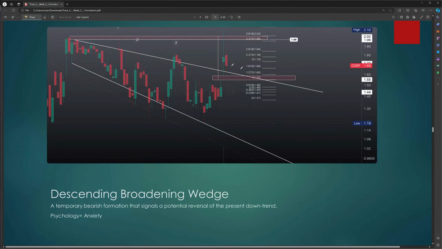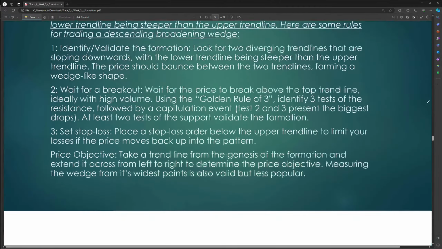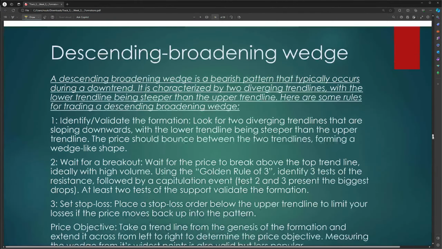This is one of the formations that have some of the highest hit rates that I've ever experienced. I think, honestly, a good 85 to 90% of the time will this formation realize, and they're usually found in the 4 hour to 3 day time frame, sometimes in the 5 and the weekly. But they're very versatile. Okay, this is how to trade it.